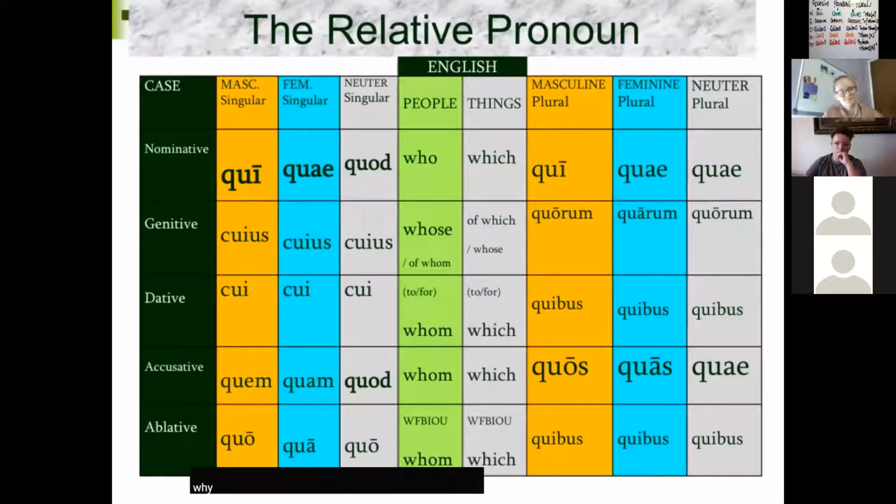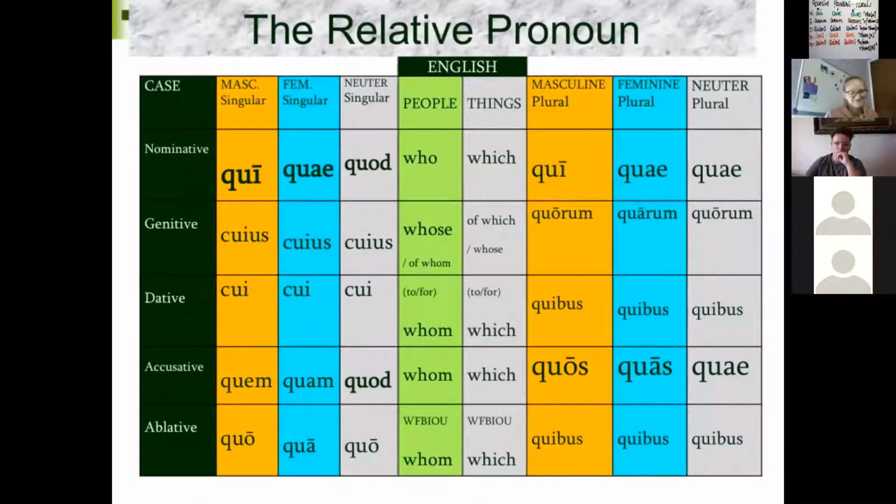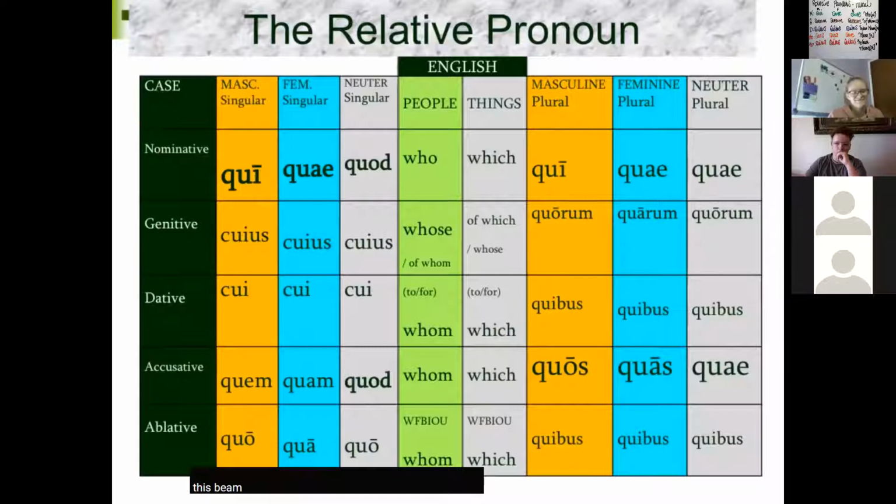Quick quack quack, quorum, quorum, quorum. Quivers, quivers, quivers, quos, quos, quite. Quivers, quivers, quivers, that's the relative pronoun. Who's who?